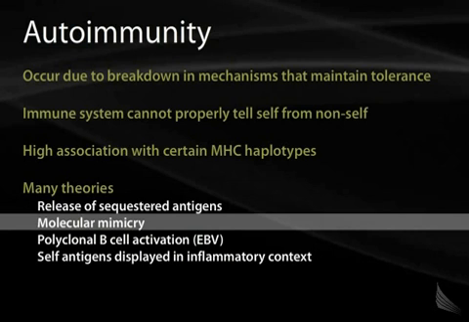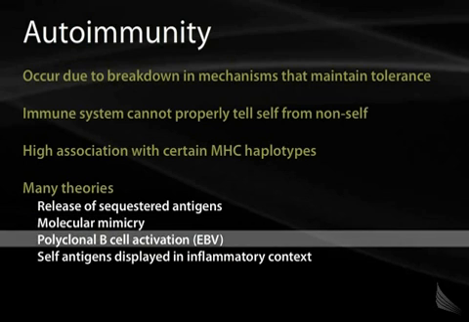When the immune system starts to respond to these C. jejuni antigens, they're close enough that there's cross-reactivity with antigens in your nervous system. Another idea is polyclonal B cell activation. EBV is famous for this, where it can activate B cells that are not specific for EBV antigens, and one of those B cells may be an autoreactive B cell.